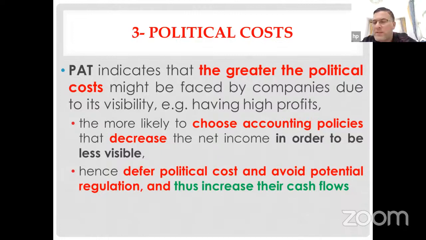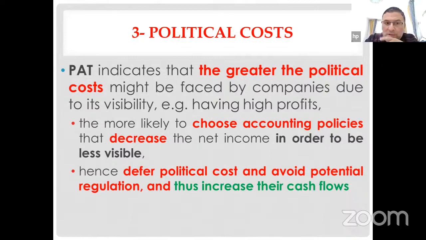Again, political cost includes many things. Among these things are taxes and some actions from government against monopoly. These kinds of actions are called in the literature political costs.